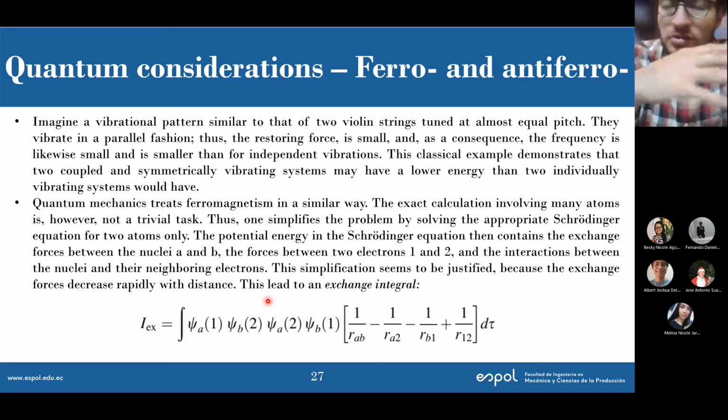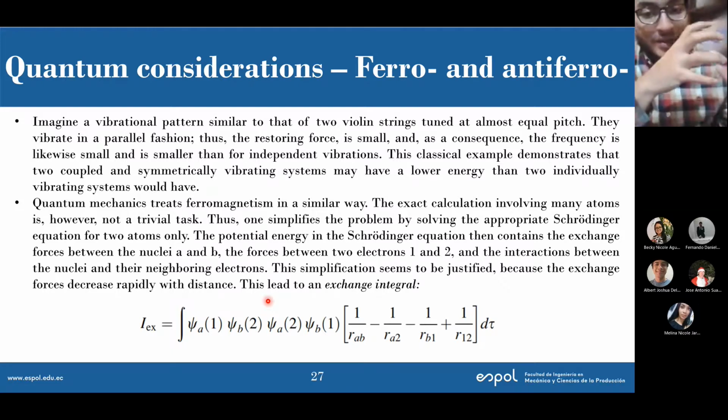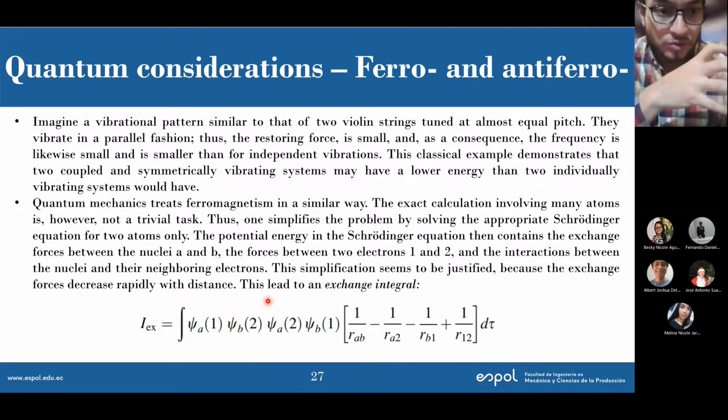Just imagine literally two strings of a violin. Therefore, the frequency must be small. Well, that analogy actually demonstrates that two coupled and symmetrically vibrating systems will have a lower energy than individual systems vibrating by themselves. So we can apply that to ferromagnetism.